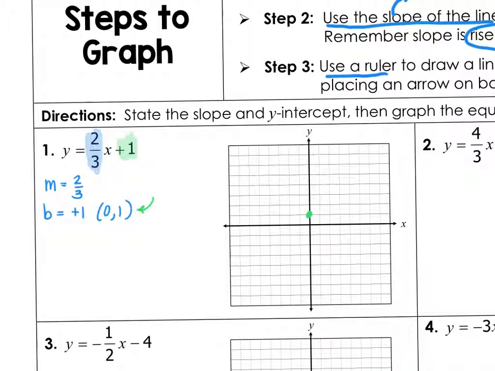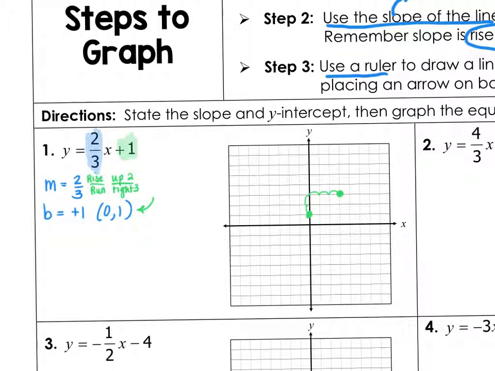So that means rise over run. My slope is positive, so I'm going to go up 2 and right 3 from this point. So we're going to go up 2 and right 3 and put a new point.